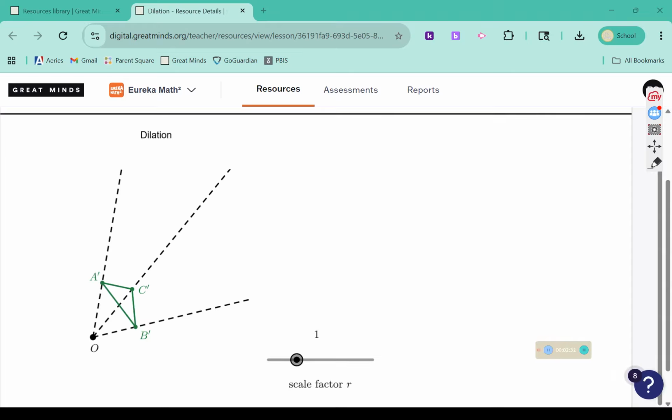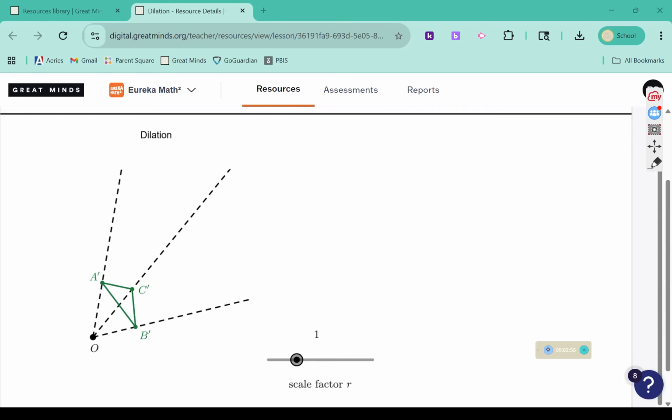The way that a dilation works on a grid or on a plane is through a point. You dilate from a point. So we have this point O and this triangle ABC, and they're going to dilate from that point O. In order to do this, you need to draw a line from the point of dilation through the vertex on the shape.